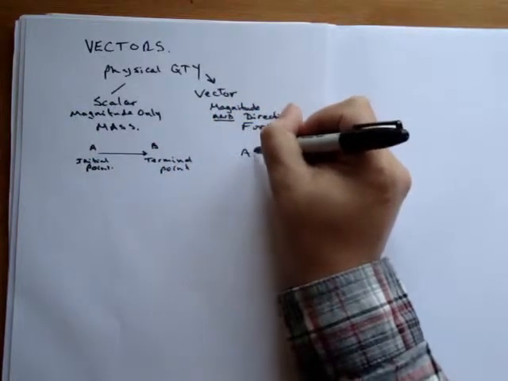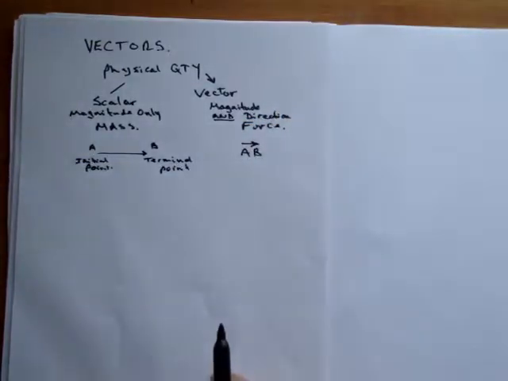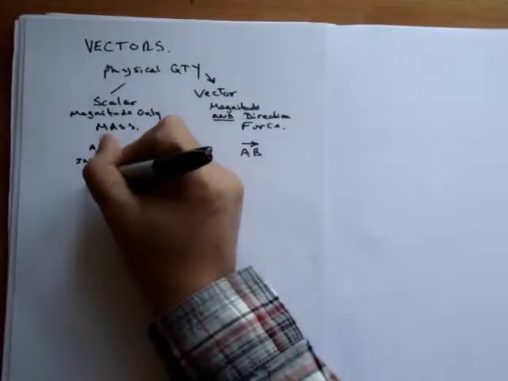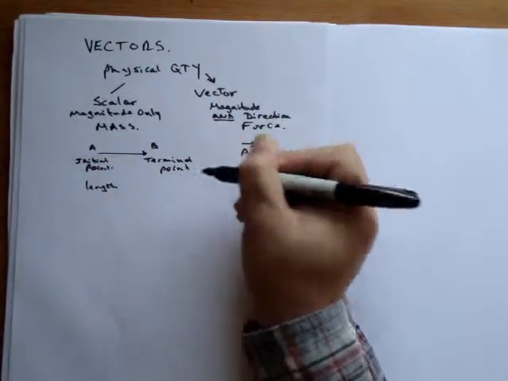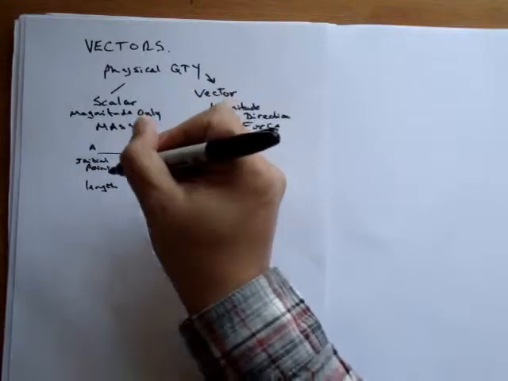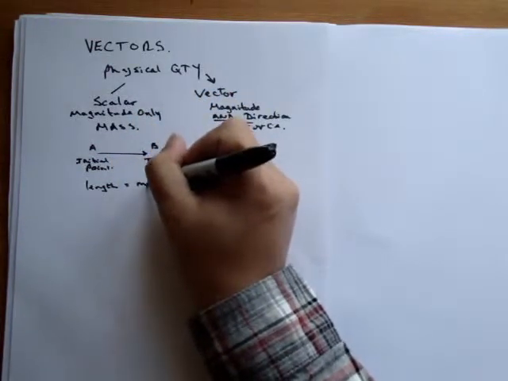And we write this as AB with a little arrow on the top. The length of the arrow is the magnitude of the vector.